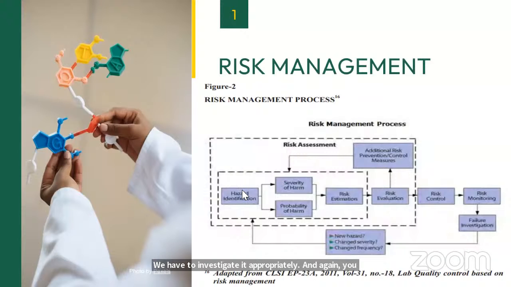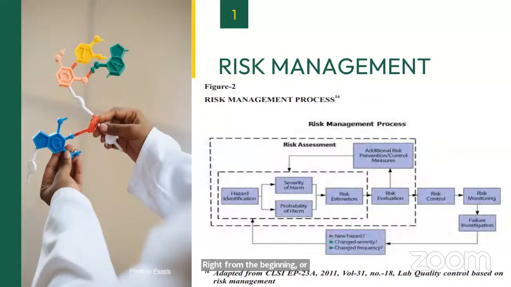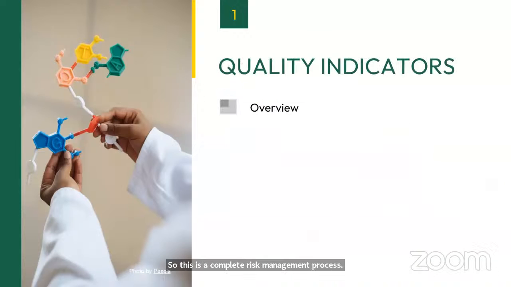So the first part is hazard identification, then severity of the harm, probability of the harm, risk estimation, evaluation of the risk, control measures, monitoring of control measures, continuous monitoring, and investigation of new hazards or of the process right from the beginning, as part of routine monitoring. This is a complete risk management process which can be implemented in your laboratory.